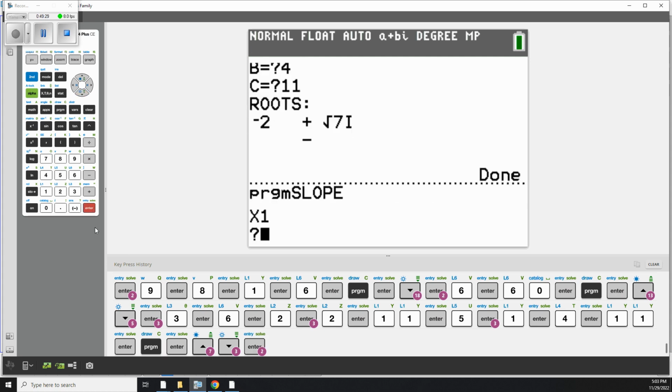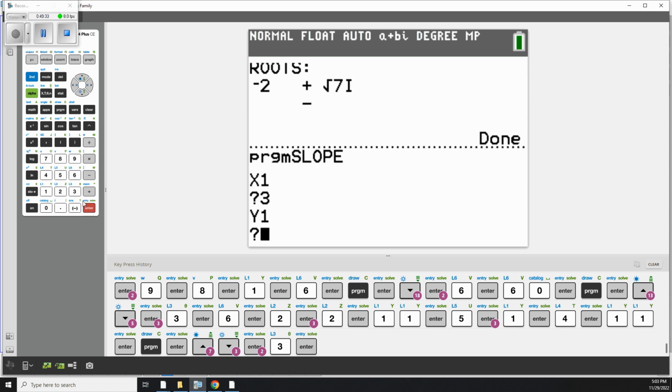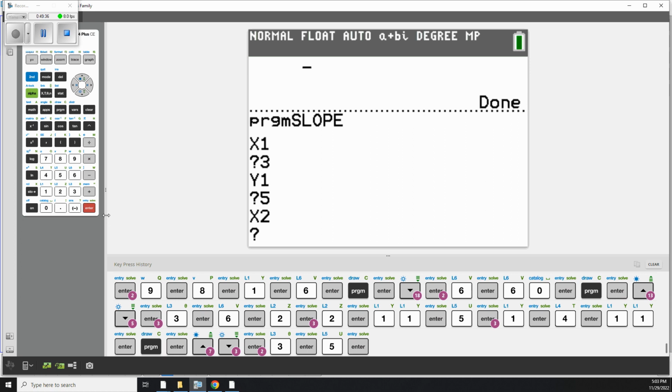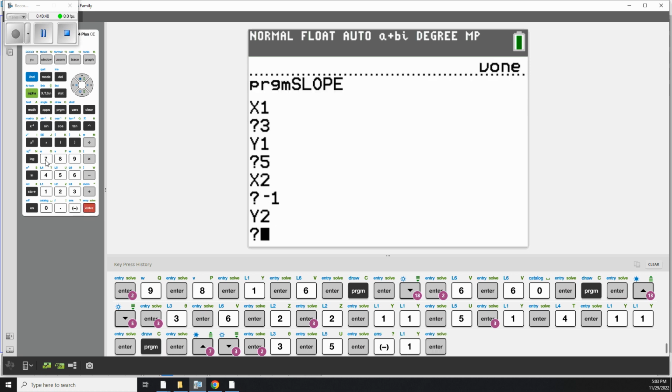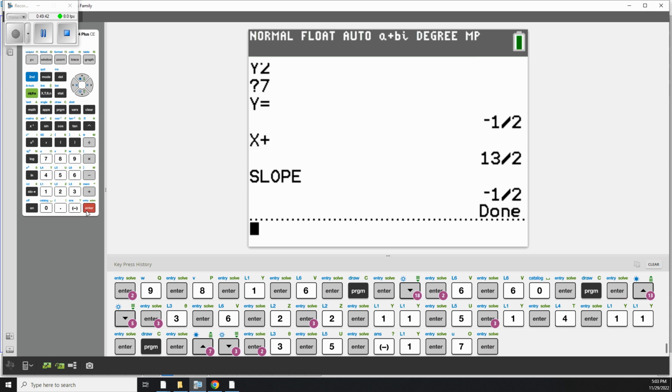So ready? I'll make one up. X is 3, Y is 5. The other point is negative 1, 7. It not only gives you the slope is negative 1/2, it also gives you the y equals mx plus b. That is very powerful.